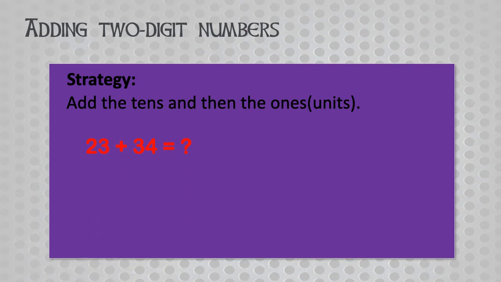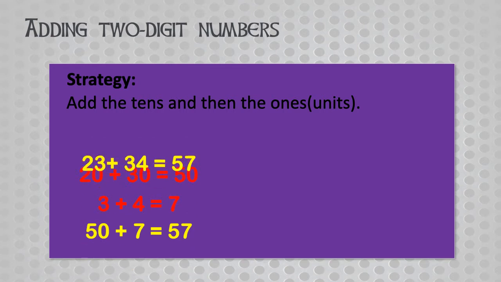So let's look at our example. 23 plus 34. Add the tens, 20 plus 30, which is equal to 50. Now let's add the ones. 3 plus 4 equals 7. 50 plus 7 is equal to 57. So that means that 23 plus 34 is equal to 57.